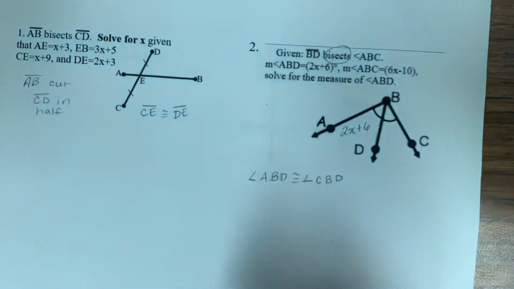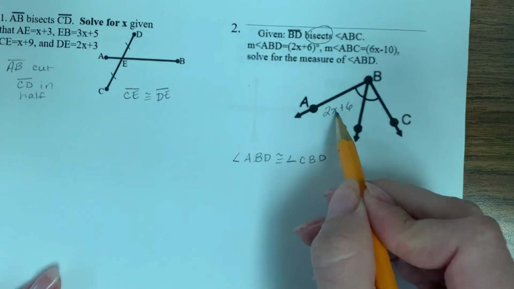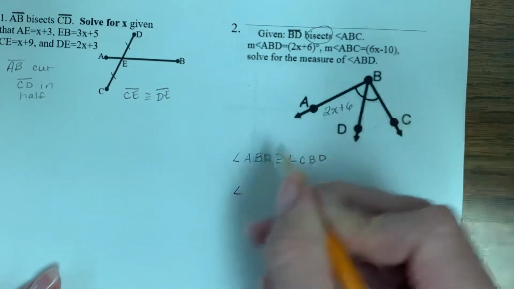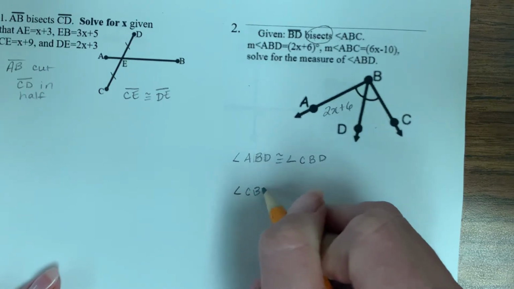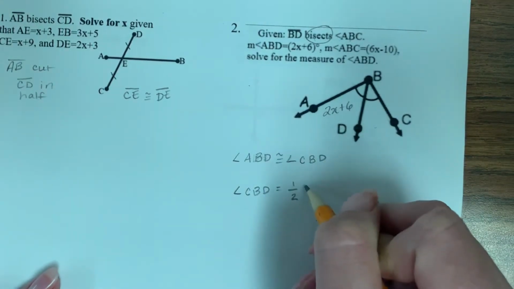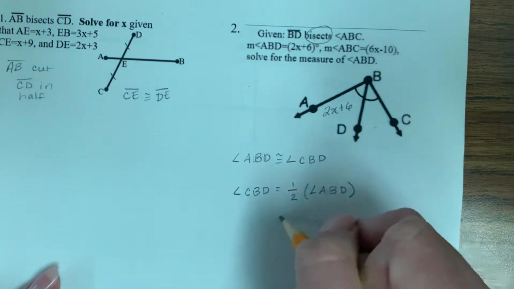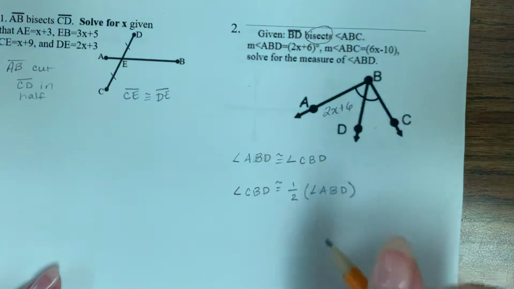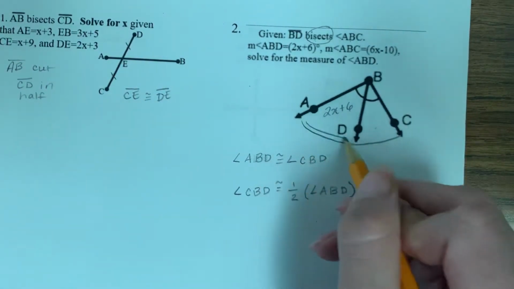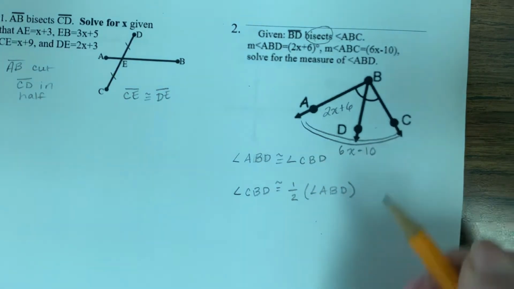It also means that this angle right here, or this one, which we don't know, is actually half of the whole thing. So if I were to use this information, I would mark that the whole thing is 6x minus 10.